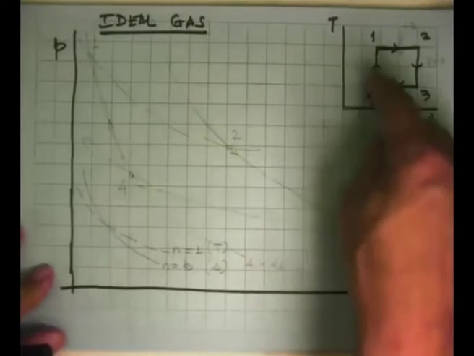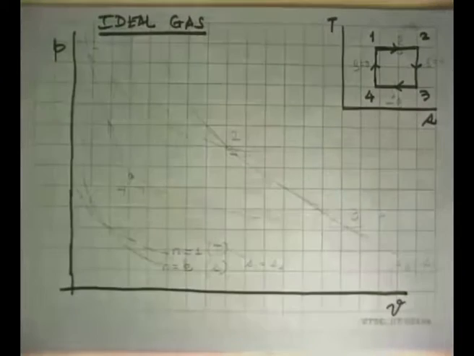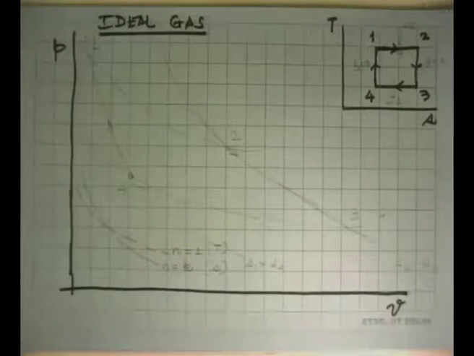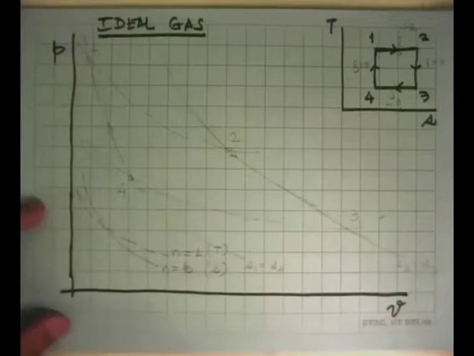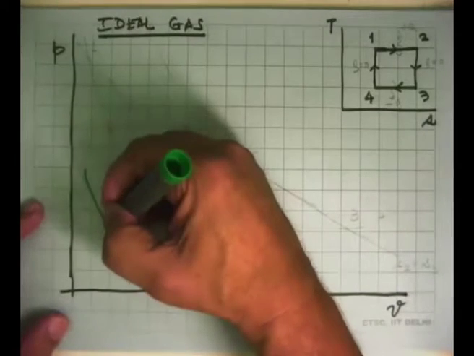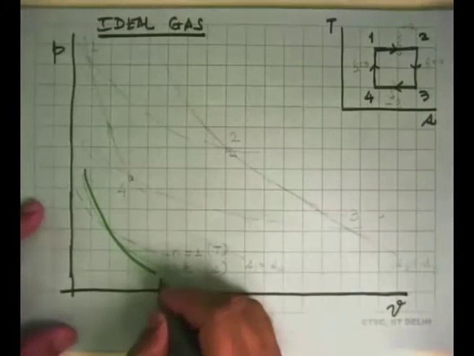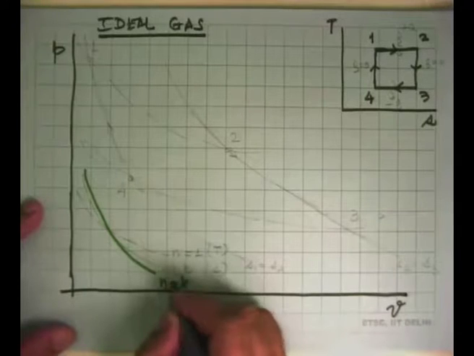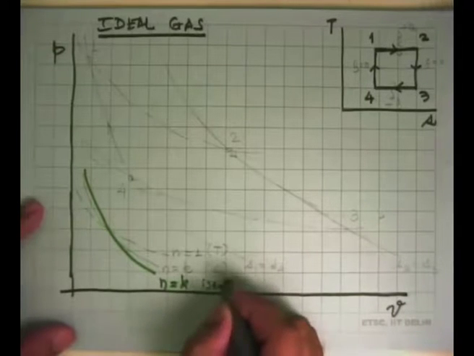I have shown a heat engine here. The opposite of that will be the refrigerator. So to bring it onto this diagram, let's first look at something we have learned in the properties of a pure substance: on a PV diagram, a line like this is n equal to k, which is the isentropic process.